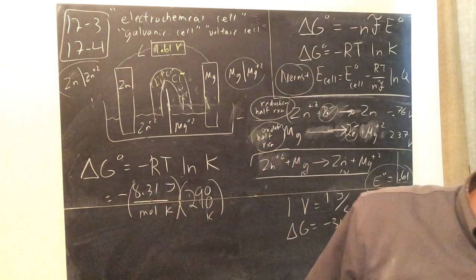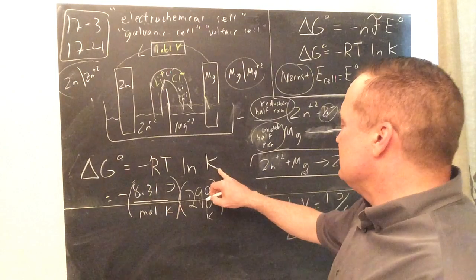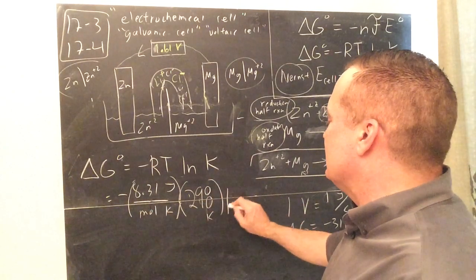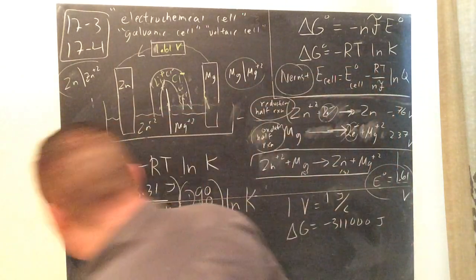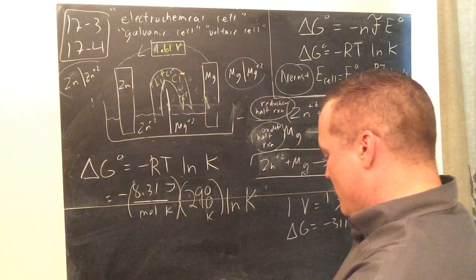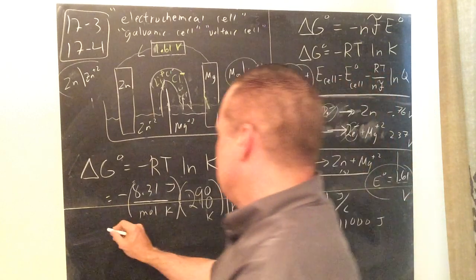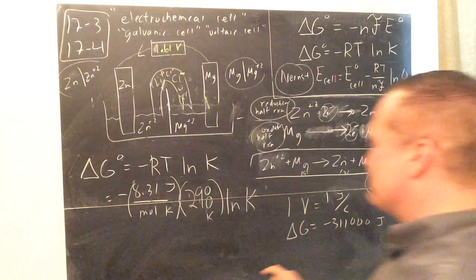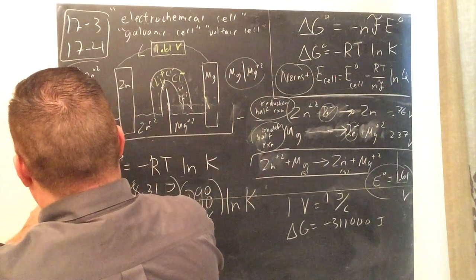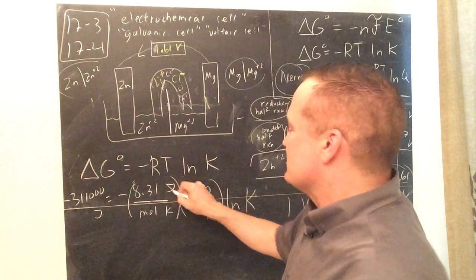And also, yes, I have many things going on at one time here. And then your constant, ln K, will go right there. Okay, so here we go. Let's get the math of this. So 8.31 times 298. Oh, and I didn't put my ΔG value, which I had to put in: negative 311,000 joules. Okay, so the joules will cancel out.